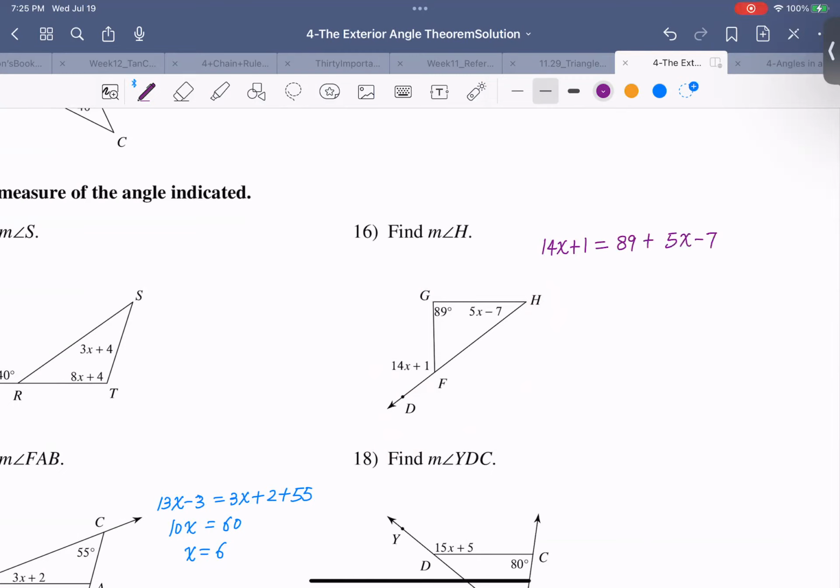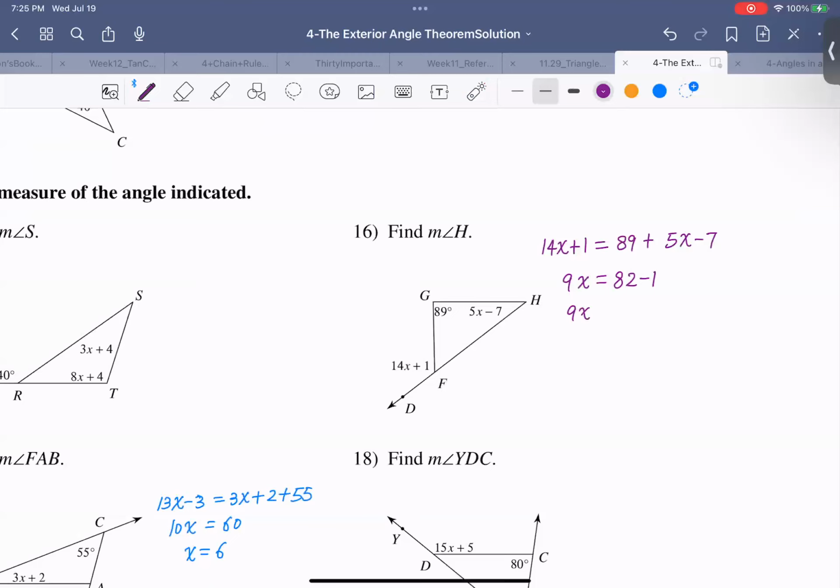So then it will be 9x is equal to 83. So 9 minus 7 is 82. 82 minus 1 is 81, right? Oh yeah.